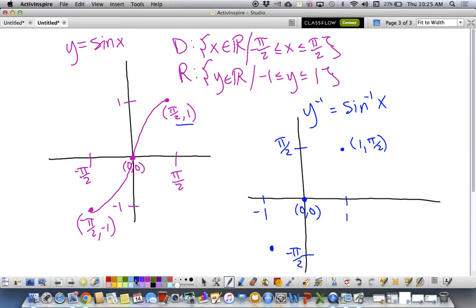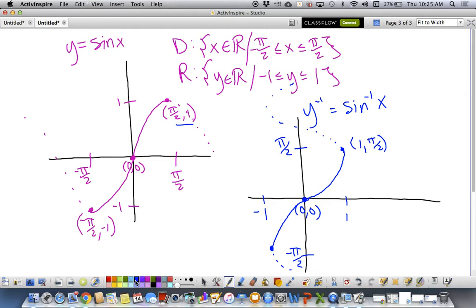Remember how I put those little dotted lines where the sine curve keeps going this way? When we are reflecting across the y equals x line, this graph will curve more this way, because it will continue to go up the y-axis if we were to flip.